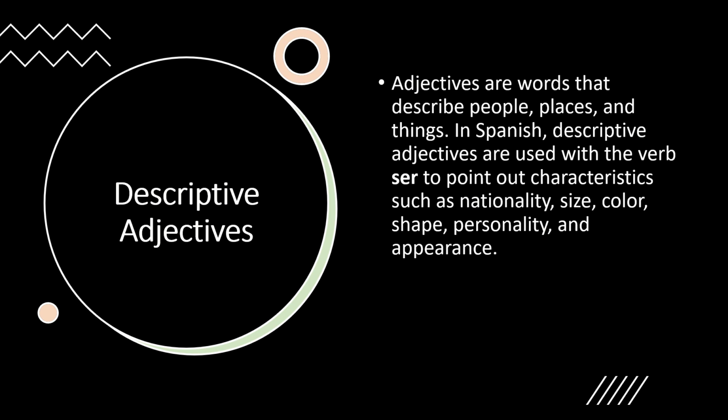Okay, and then we can also use this verb ser to talk about characteristics like nationality. So when we talked about nationalities before, colors, personality, and appearance are going to be the other 2 main categories of descriptive adjectives that we're going to talk about today.